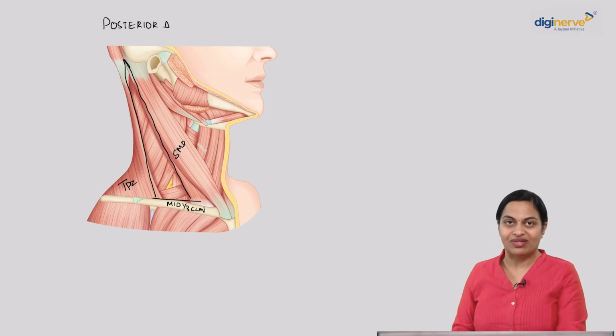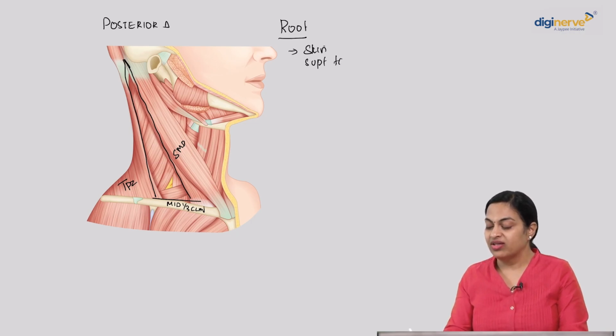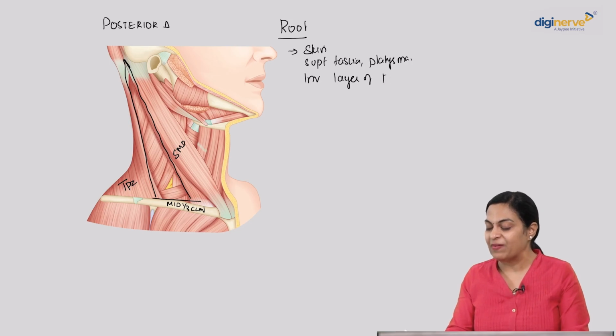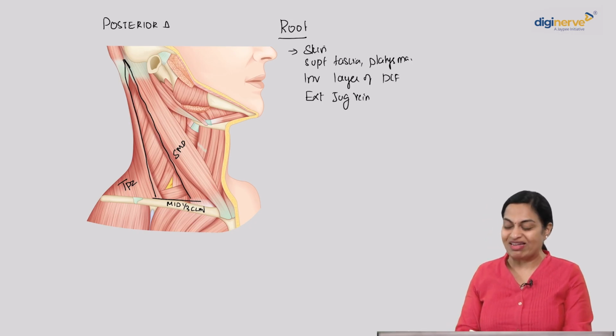Apex where these two meet. In the roof of the posterior triangle of the neck, we get to see the skin, superficial fascia, the platysma in the lower part, and then the investing layer of the deep cervical fascia. Also, the external jugular vein. It lies in the lower part of the roof of the posterior triangle.